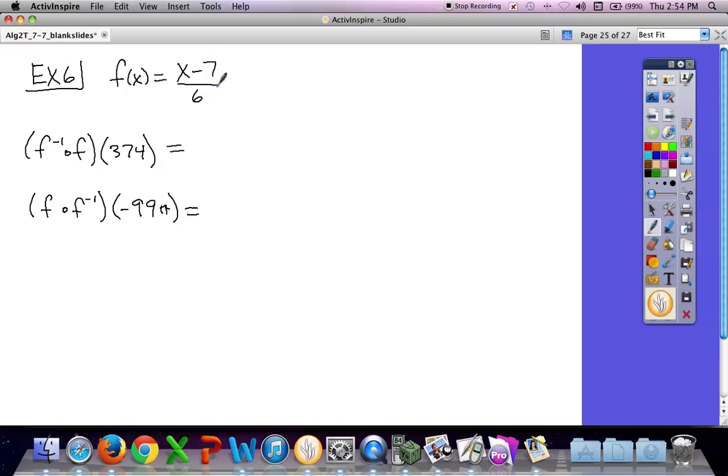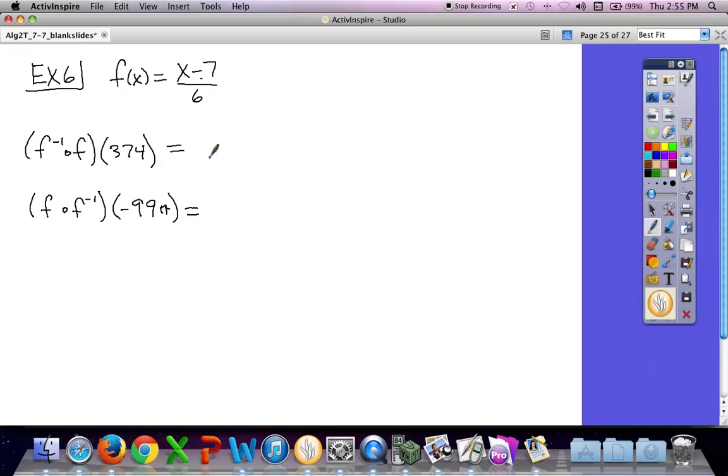But anything else that looks linear will pass a vertical line test, and so will its inverse, so we can use this property, right? So look at this first one, f to the minus 1 of f of x. We're taking the composition of a function and its inverse. Because this is linear, the property is valid.